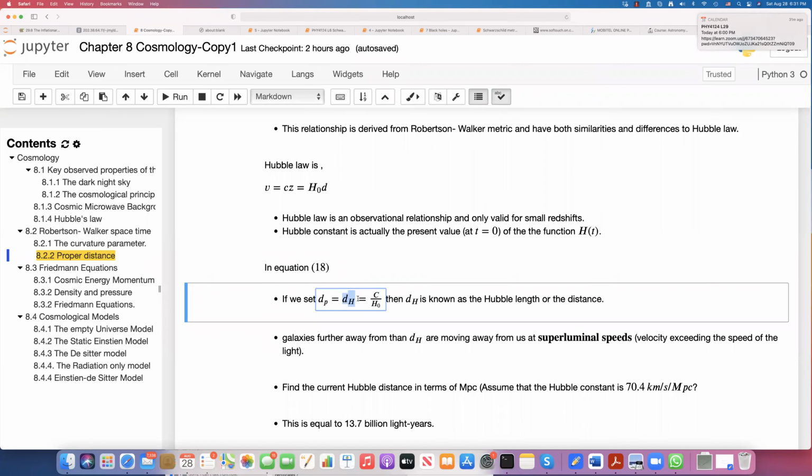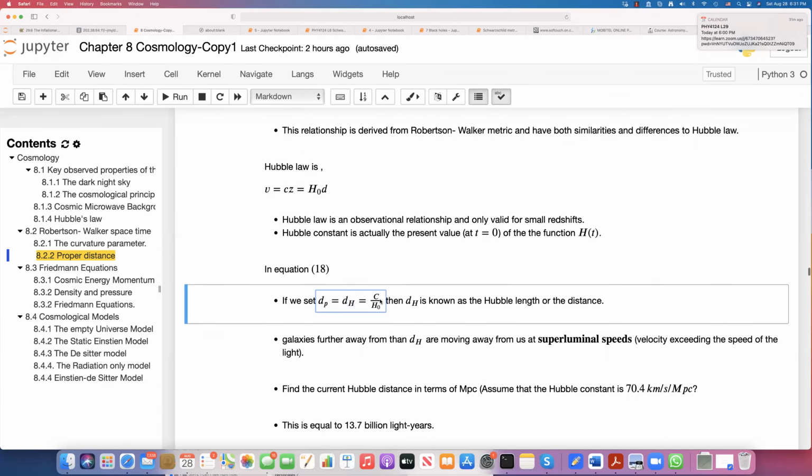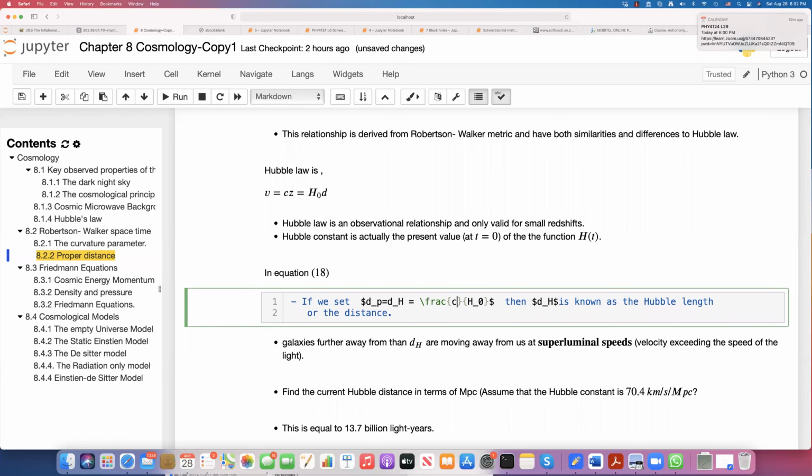So the idea is, if you look at a galaxy at that distance, d_H, that galaxy will be receding from us with the speed of light. I guess you can understand it. The c means the velocity of light. I guess it's better to keep it simple.